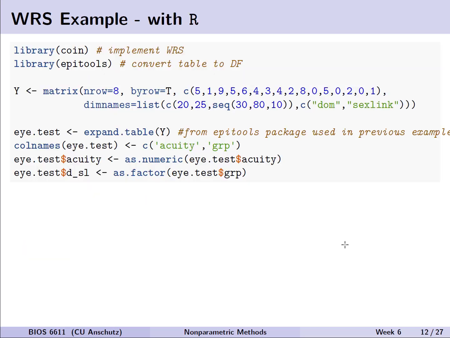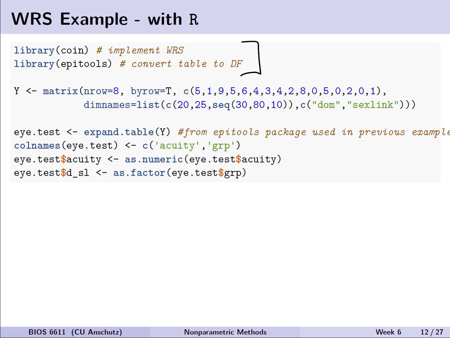What instead we can do is leverage R to implement this test for us, because quite frankly, ain't nobody got time to do a bunch of by-hand derivations. What we'll take advantage of is this package coin and also epitools to convert our table into a data frame with a row for each observation.